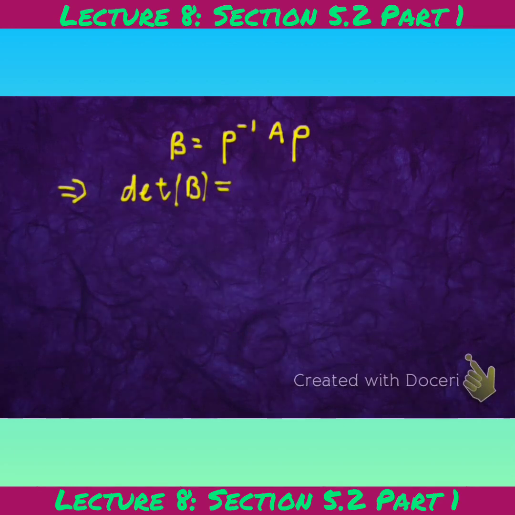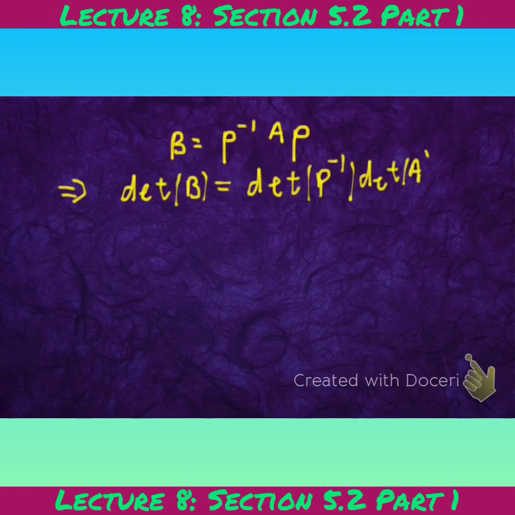So that's going to be the determinant of P's inverse, multiplied by the determinant of A, multiplied by the determinant of the matrix P.